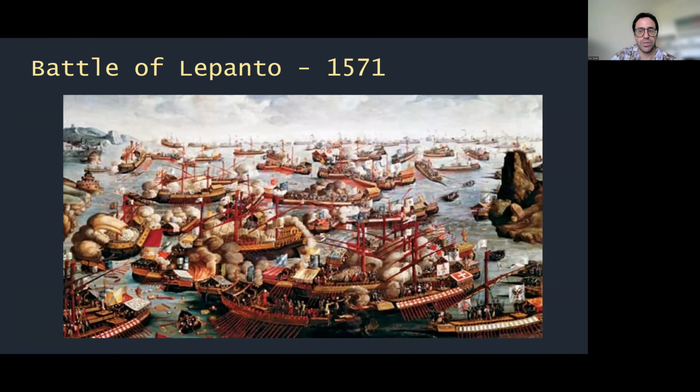At the same time, the Ottomans are also expanding heavily into the Mediterranean. There's a variety of proxy wars and fights between the Ottomans and the Habsburgs. At a certain point, the Habsburgs are invading Tunisia. And at this point, the pirate general Barbarossa offers his services as an admiral and his fleet in the name of the Ottomans.